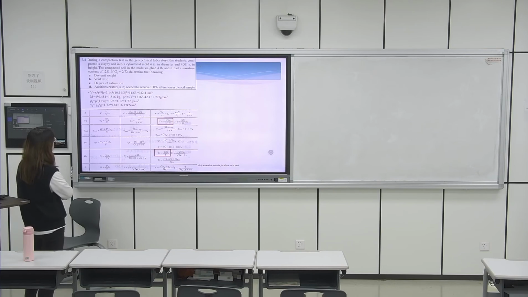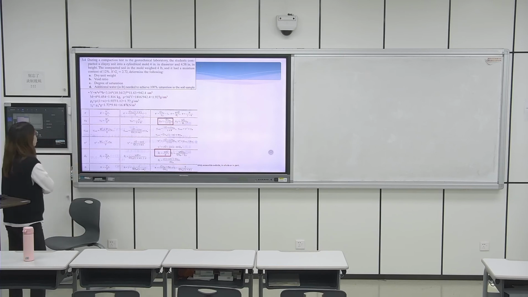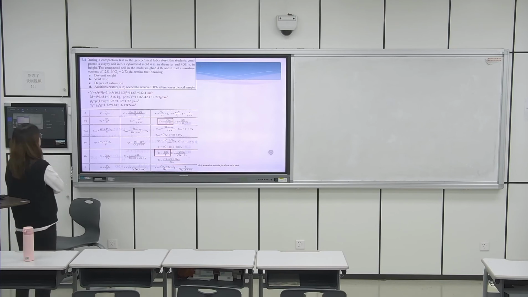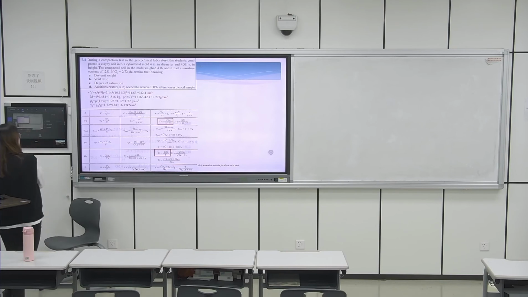The compacted soil in the mold weighed 4 lb and it had a moisture content of 12%. If Gs equals 2.72, determine the following. First, dry unit weight, then void ratio, then degree of saturation, and finally additional water needed to achieve 100% saturation in the soil sample.